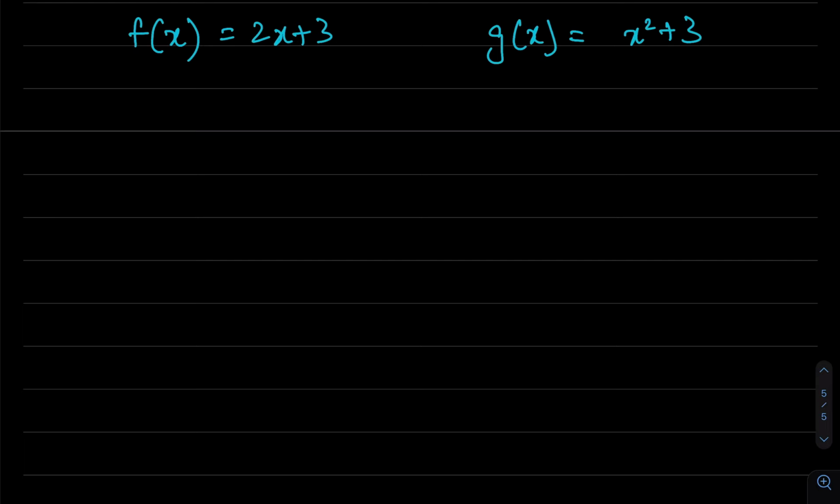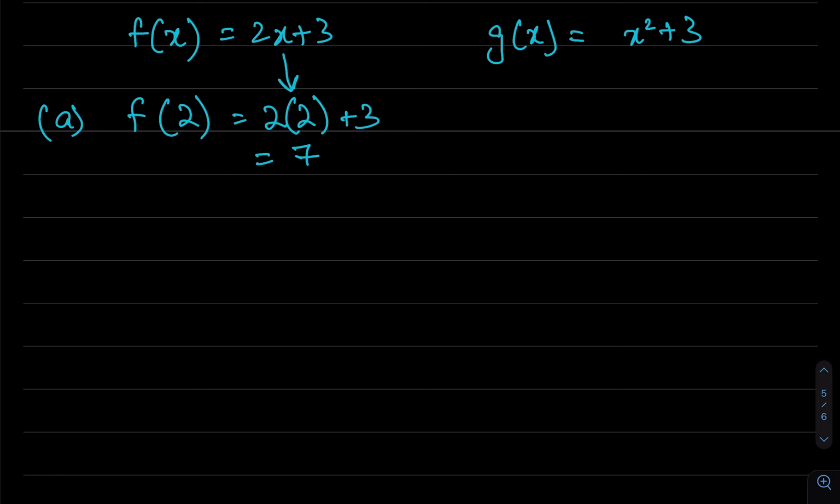Okay, so now let's do a set of questions. Part A, we're gonna find out what f of 2 is. So what we're doing is inputting 2, putting it in the place of x, as you guys can see. So what is 2 times 2? It's 4 plus 3 equals 7.